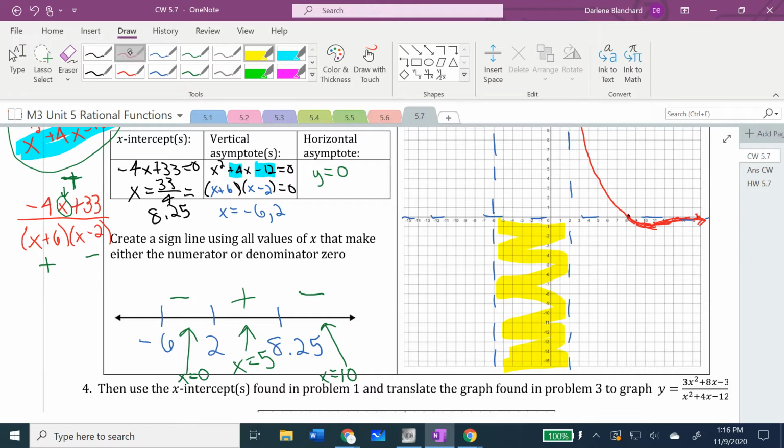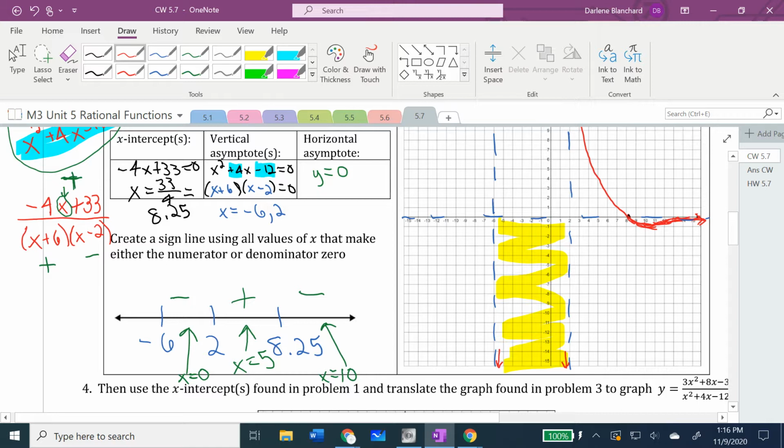So that means that on the left side of x equals 2, I have to be heading down. On the right side of negative 6, I have to be heading down. And somewhere it reaches a high point and comes back down without crossing the x-axis. Part of finding those x-intercepts is knowing when you can and cannot cross this line.